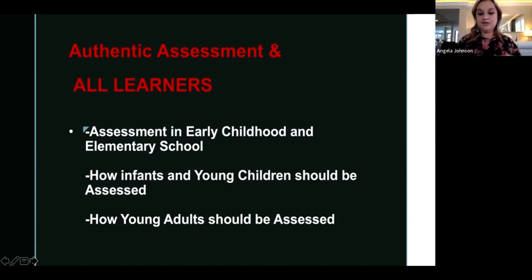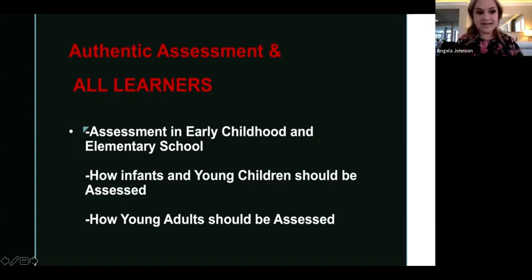I'm going to use Gardner's multiple intelligences theory to help me design my assessments so that I can tap into everybody's best ways of learning. And so I can assess them the best way so that they succeed.